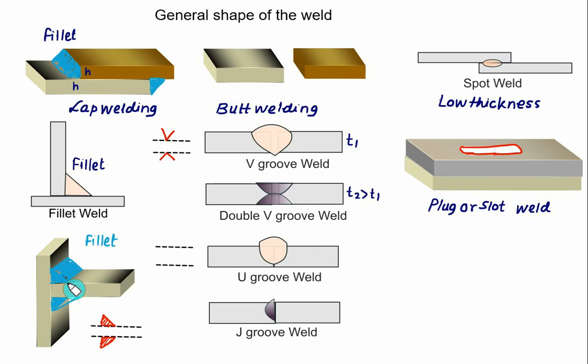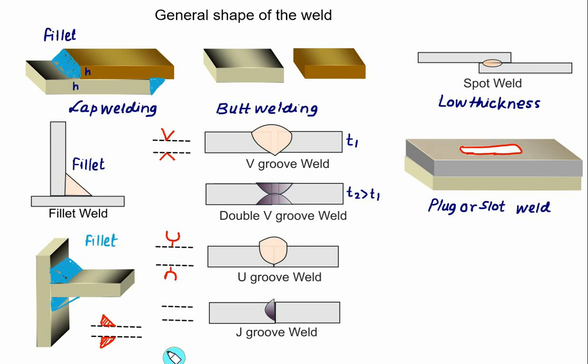Whatever the cross section you visualize, the same symbol is used. If you are visualizing V here, then the V is shown on the weld line. Then if you have a U type, then the U is shown. So this one is representing the single U. Similarly, if you are using a double U, in that case you have to show the U on the bottom side also.